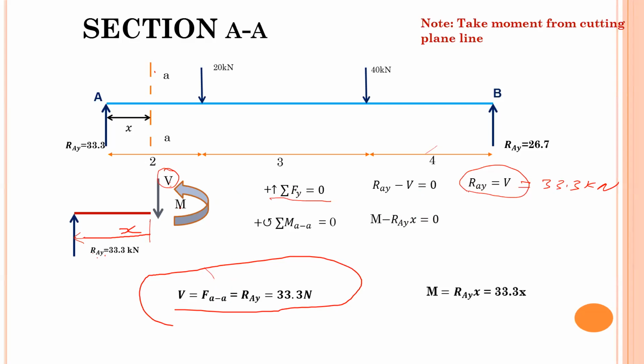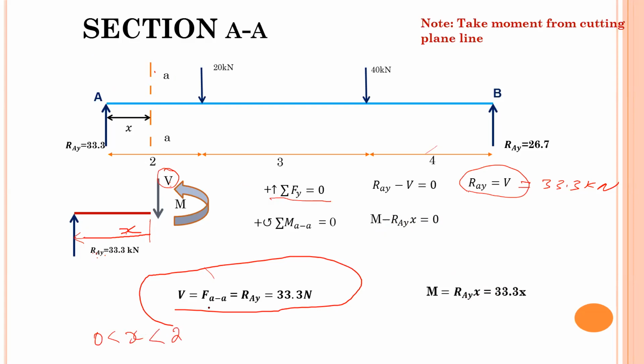The bending moment, likewise, using the sum of your moments across AA. So this one is written perfectly. See there, section AA, where you cut, you take moment there. So the sum of moments: RAY times X minus M equal to 0. So therefore, M is equal to RAY X. And those are your expressions. So if you put in anywhere between, your range here is going to be what?